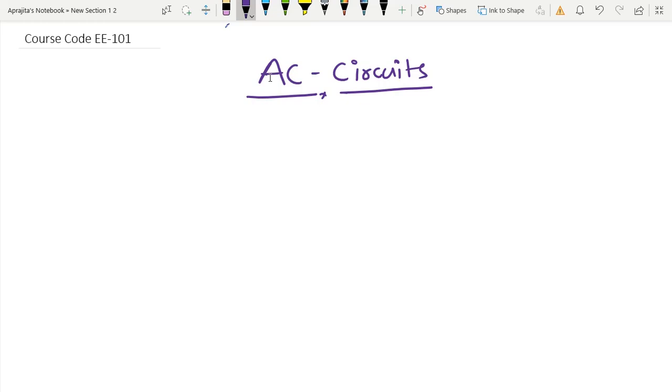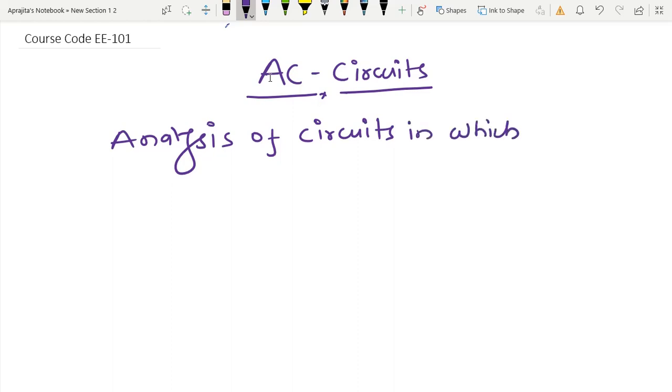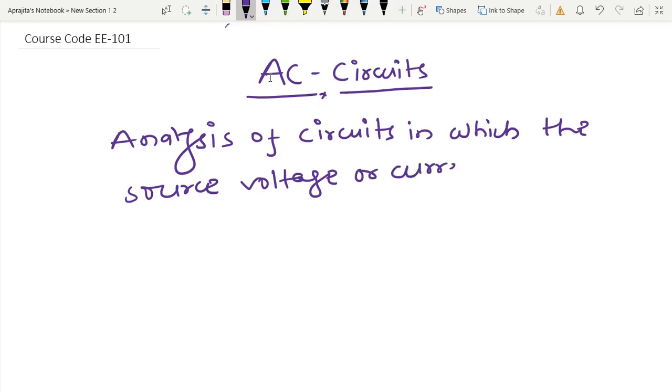So we are going to do analysis of circuits in which the source voltage or current is time varying.